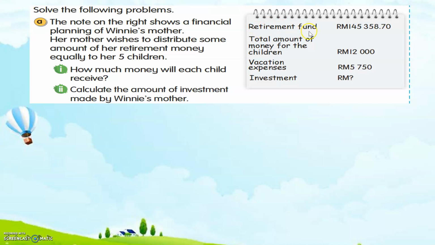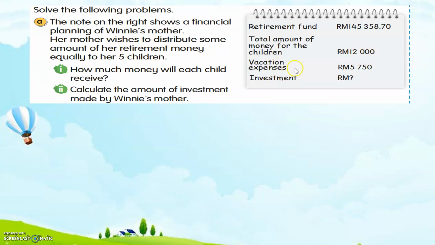The retirement fund, it means the total value, is 145,358 ringgit and 70 cent. The total amount of money for the children, 5 children here, is 12,000 ringgit.